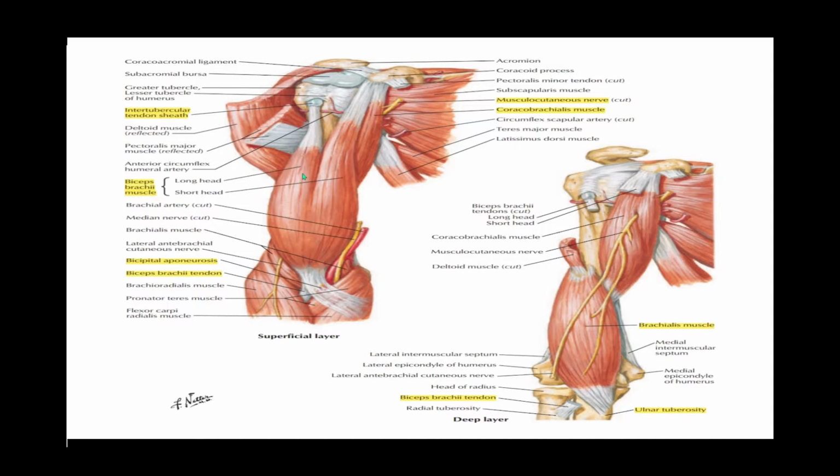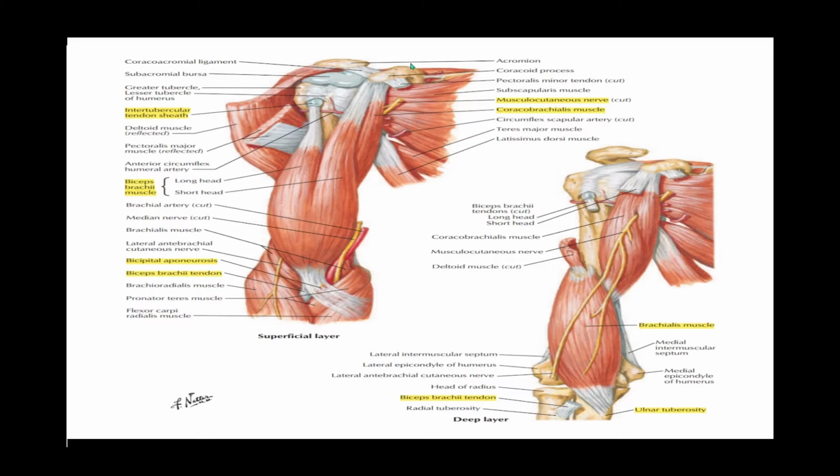So brachii is arm, and biceps means two heads. So the biceps brachii has two heads, the long head and the short head.